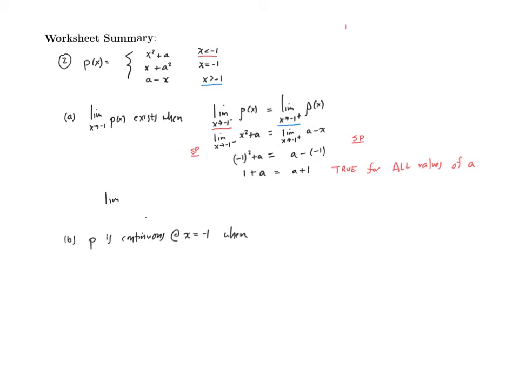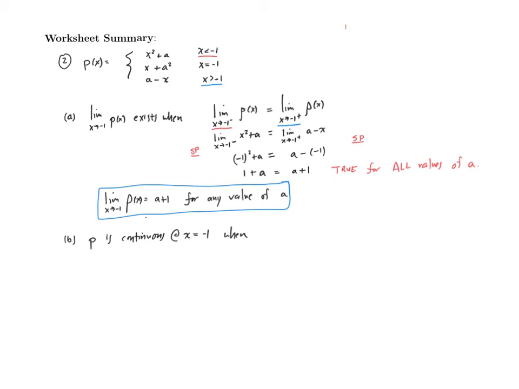And our conclusion is that the limit as x approaches minus 1 of p of x is equal to a plus 1, and this is for any value of a. And I'm going to box this so that the answer is as easy as possible for any reader to see.